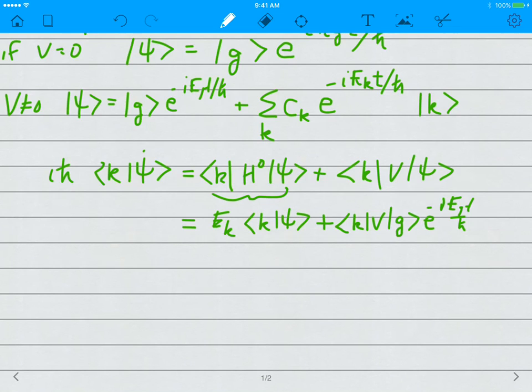Let's work on the left-hand side a little bit. The time derivative of the kth projection of psi would be the time derivative of this stuff.